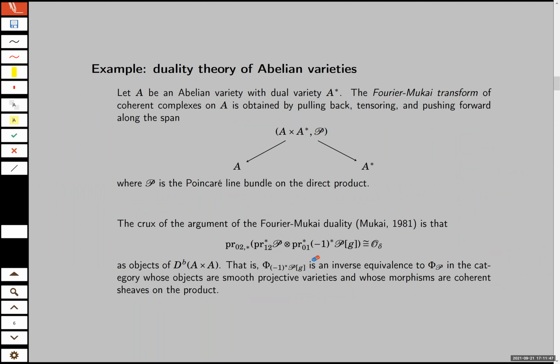So this leads on to an example which probably comes up more frequently in talks that people in this room attend, the Fourier-Mukai transform, named so because of its formal similarity to the previous example.